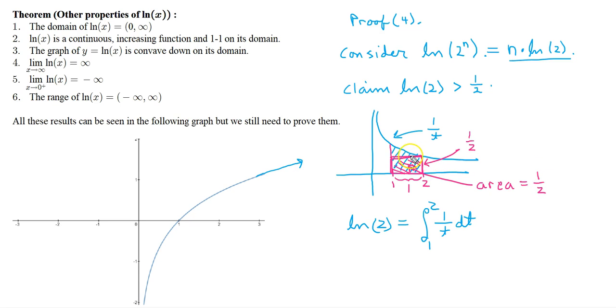As you can clearly see from this picture, the natural logarithm, which is the area under the curve 1 over t, is certainly bigger than the area of this red rectangle that we have drawn here. And so clearly the natural log of 2 is bigger than 1/2. So you can see that from this graphic. Alright, so now let's take this quantity and note something else.